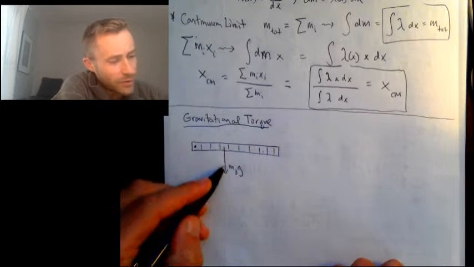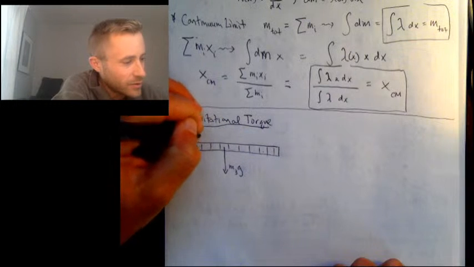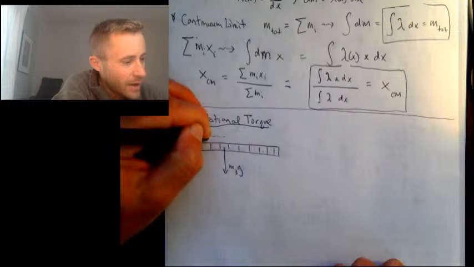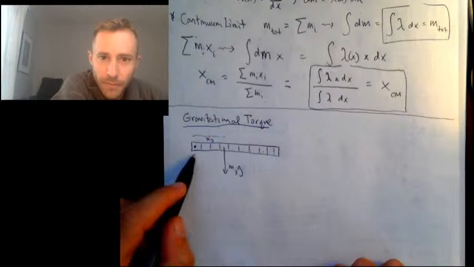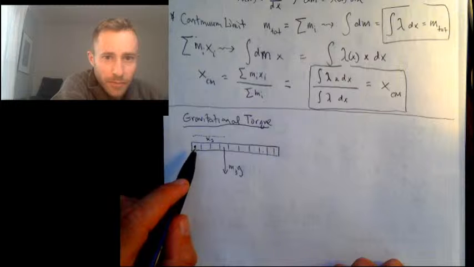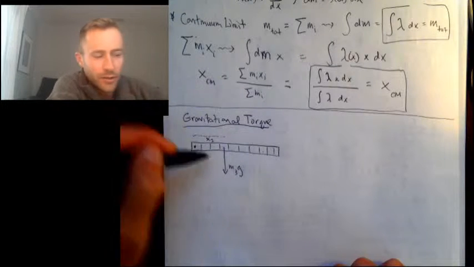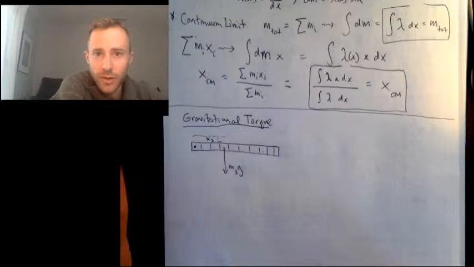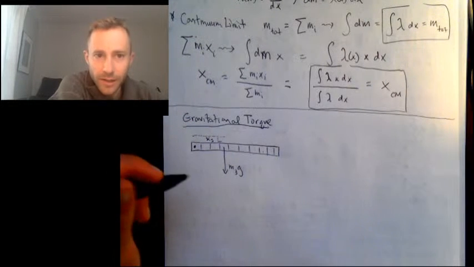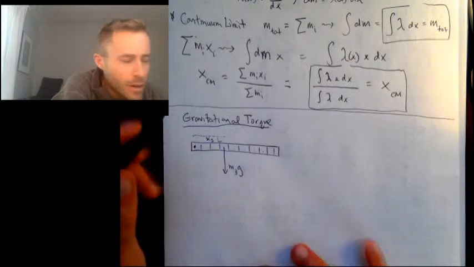Now, how far does this force act from the pivot point? It acts a distance, we'll call it x3, from the pivot. Because this beam is horizontal, this angle is 90 degrees, so the force already is perpendicular, and we're not going to worry about the sine or cosine term.